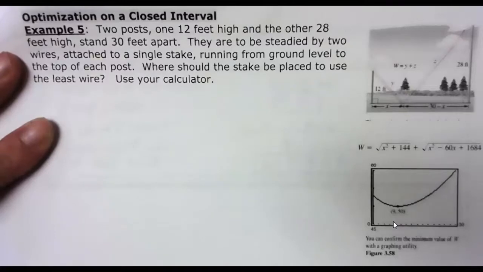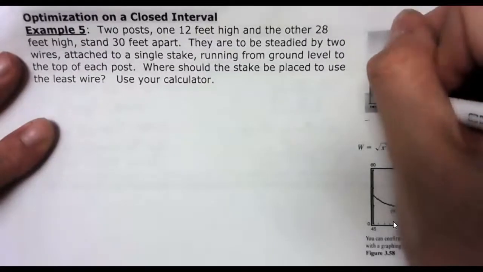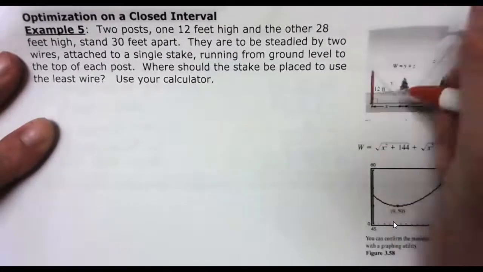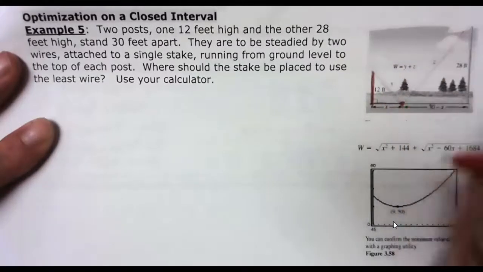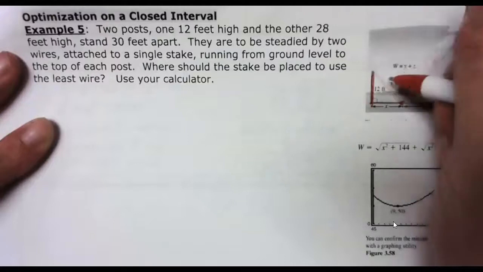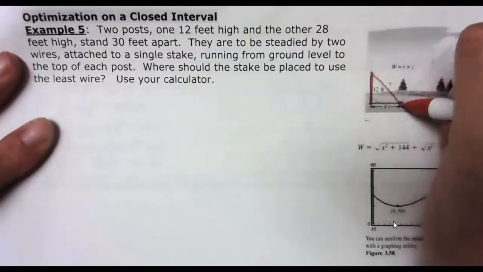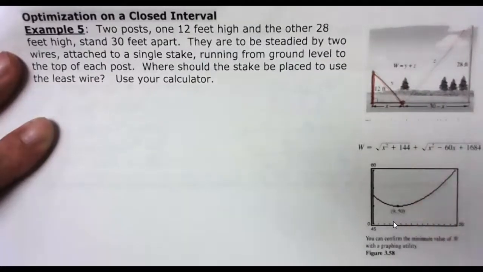So first thing we want to do is create two triangles for this problem. So you have triangle number 1, height of 12, base, let's say X. So we'll label that X, and then this side here is Y. Hopefully you recognize that that is a 90-degree triangle, which means we can use the Pythagorean theorem.